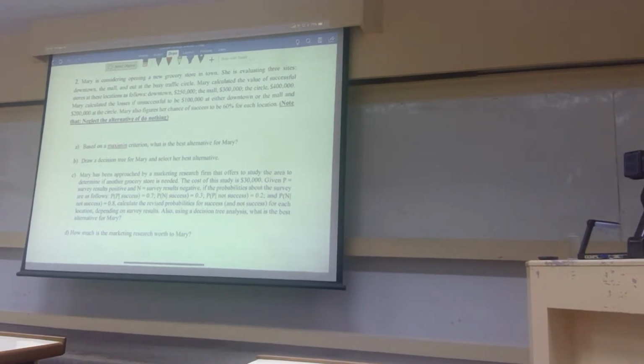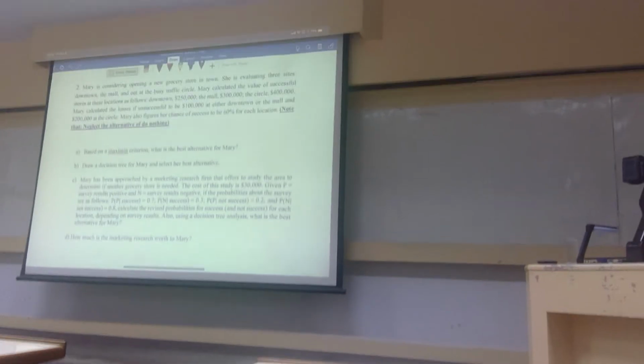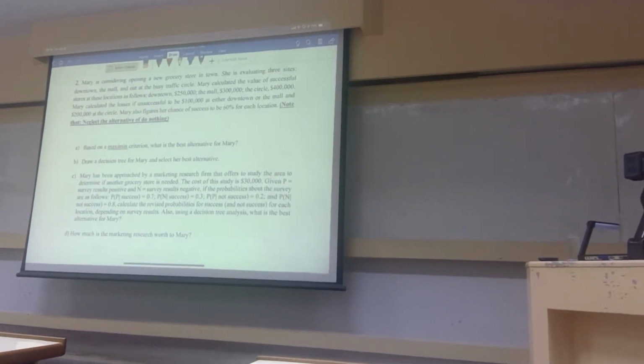Mary is considering opening a new grocery store in town. She is evaluating 3 sites: downtown, the mall, and the busy traffic circle. Mary calculated the value of a successful store at each location as follows. Downtown, when successful, we get $250,000.